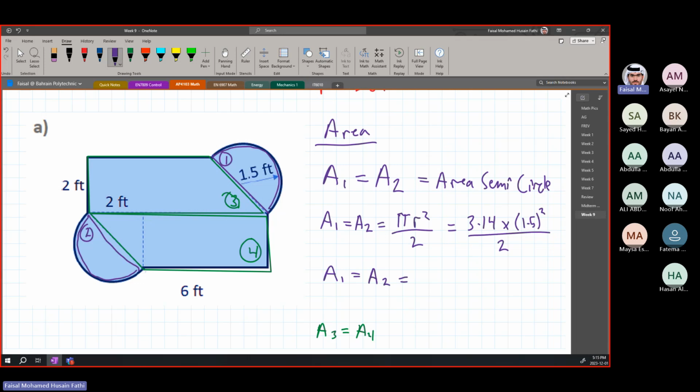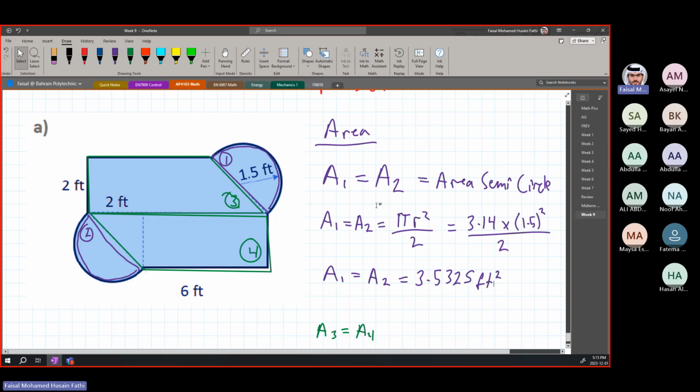That is 3.5325 feet squared, or square feet.